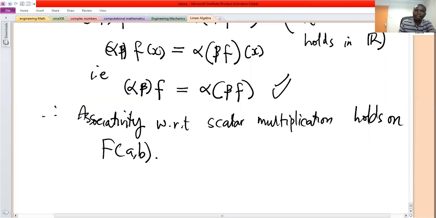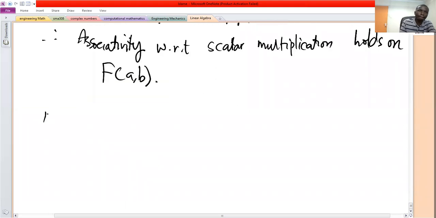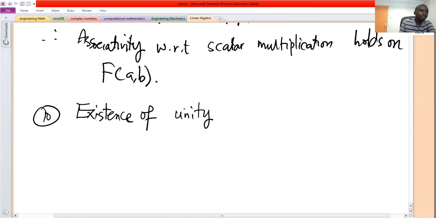And lastly, number 10, existence of unity in this set.